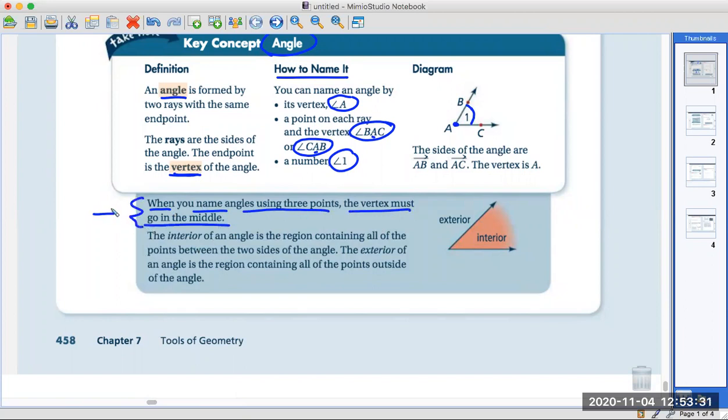Super important. These are the highlighted parts. You want to use a highlighter or underliner to train your eyes to go back to those things. Then we have to know what's interior and exterior. Interior are the points between the two rays. The exterior of an angle are all the other points on the outside.